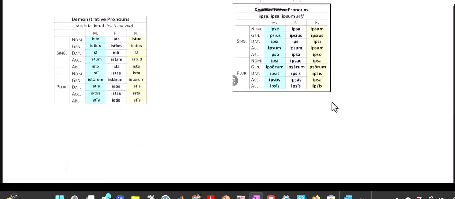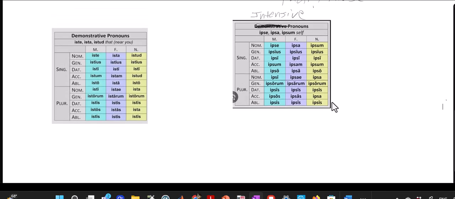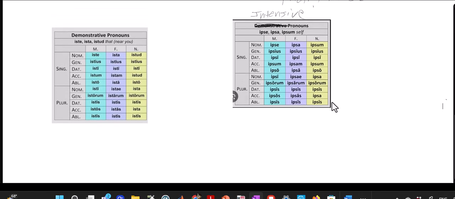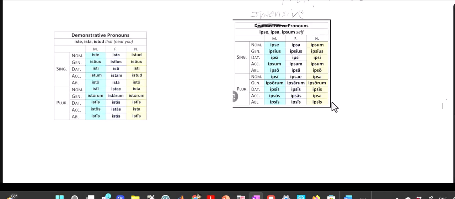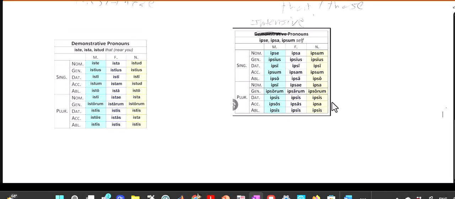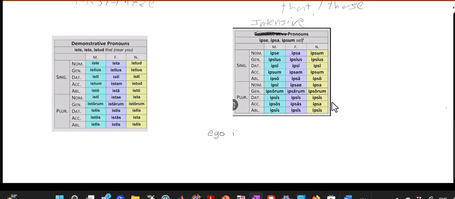You don't want to get these words confused because then when you do, your teacher or professor will fuss at you and say, where are you getting that from? So let me explain ipse. Ipse can be used to intensify anything else. It adds a something-self to it. So I could have ego ipse.